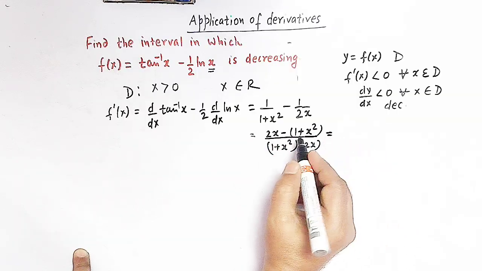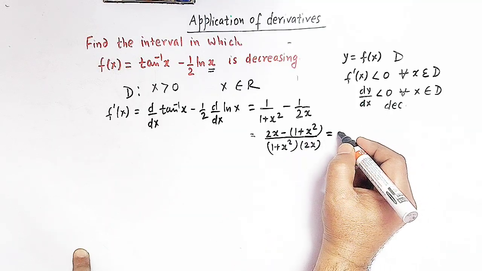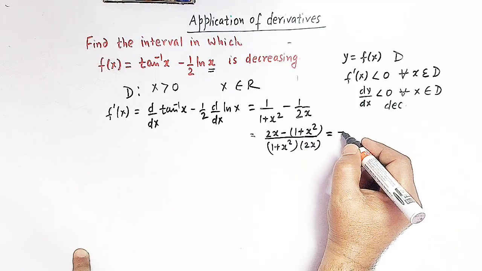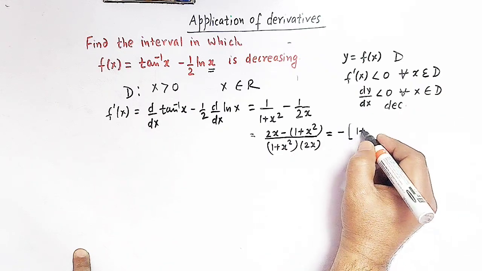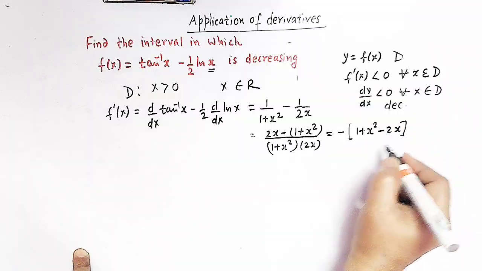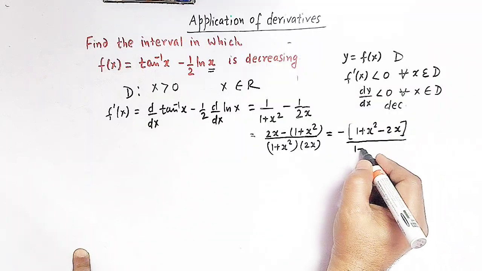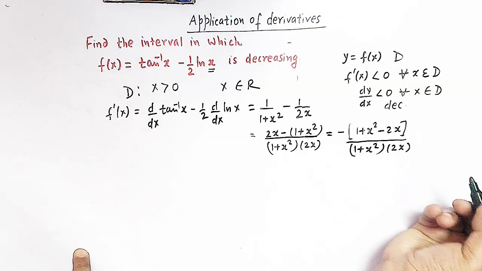Now we can write this numerator by taking the negative sign common. So we can write 1 plus x square minus 2x, over 1 plus x square times 2x.